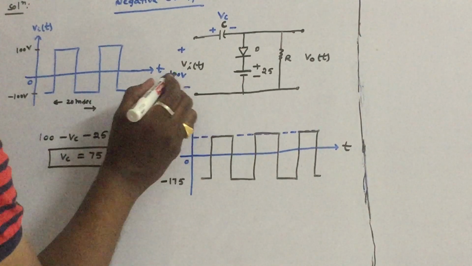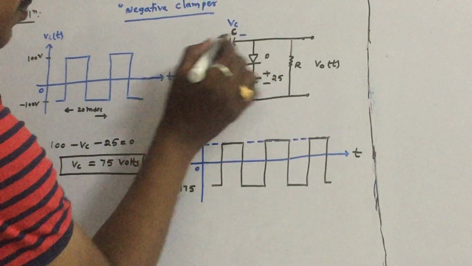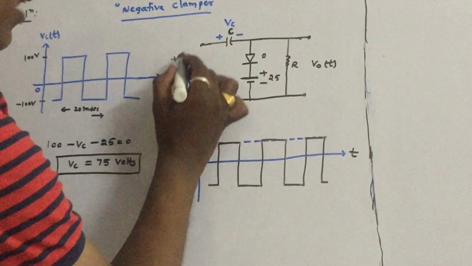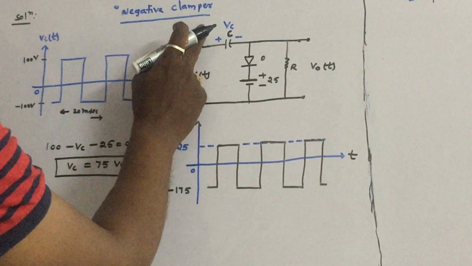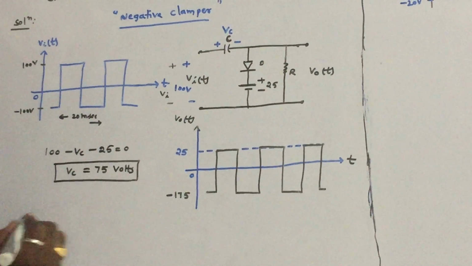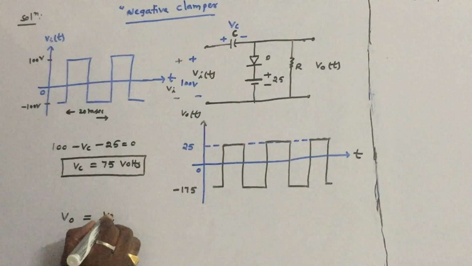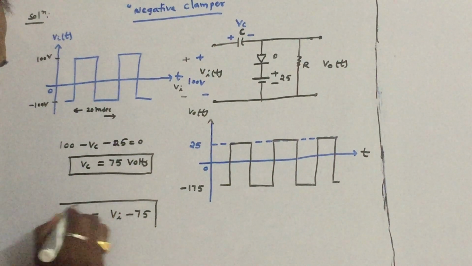Once this capacitor charges to 75 volts, with this polarity, now this is the input Vi. So apply KVL to the input output loop. So Vi minus Vc is equal to V0. That is what we have to write. That is the output voltage. The output voltage is equal to Vi minus the voltage across capacitor, 75. So this is the output voltage expression.